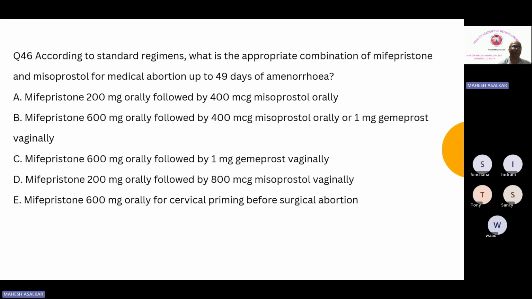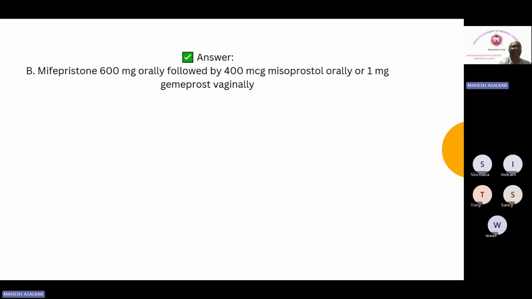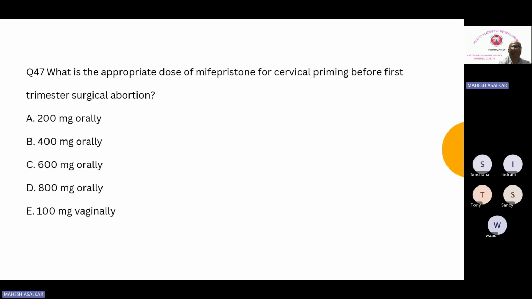These are the only two options which we use. So mife 600 is going to be B. And the miso dose will be low at this early gestation. So option B: 600 followed by 400 or 1 gram gemiprost. Yes, continue, Doctor.